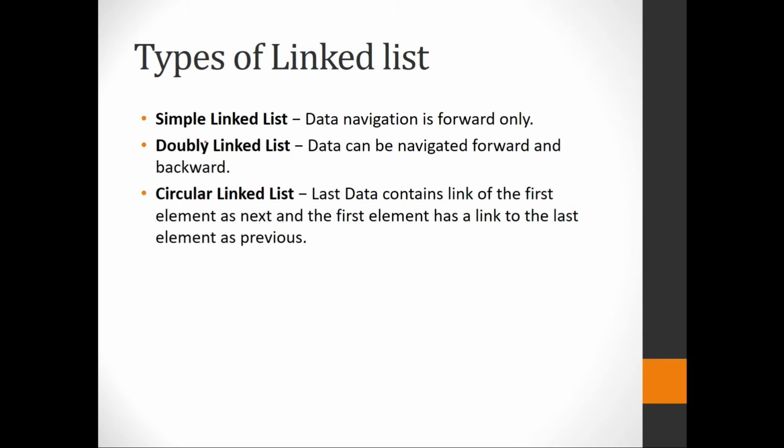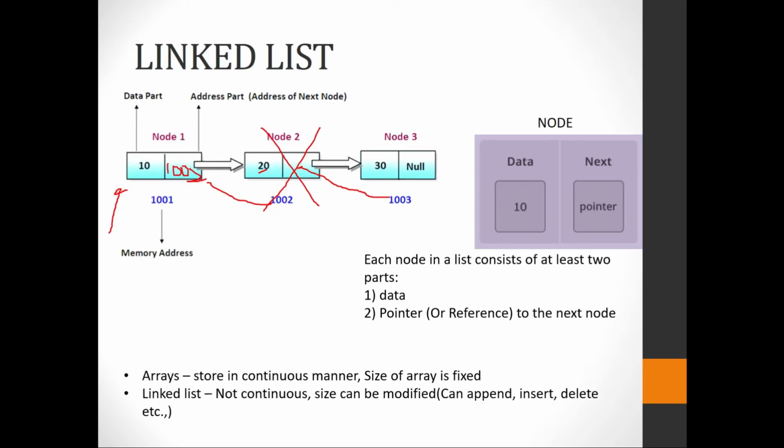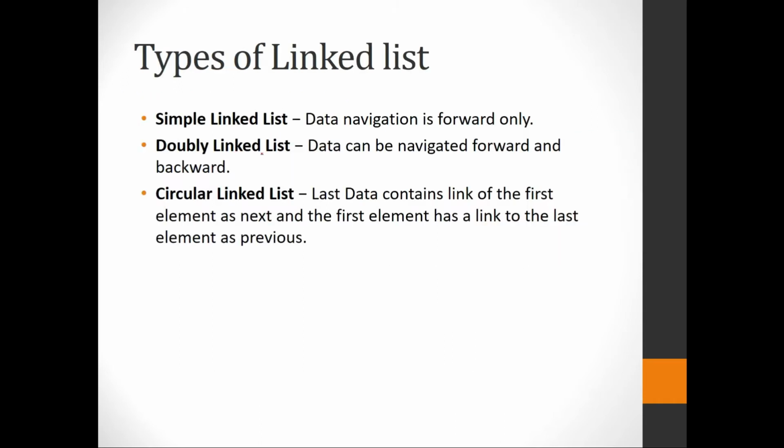This is an example of a single linked list where the direction points forward. If you take a double linked list, the data can be navigated forward as well as backward. It is bidirectional. If you take a single linked list, it is unidirectional.